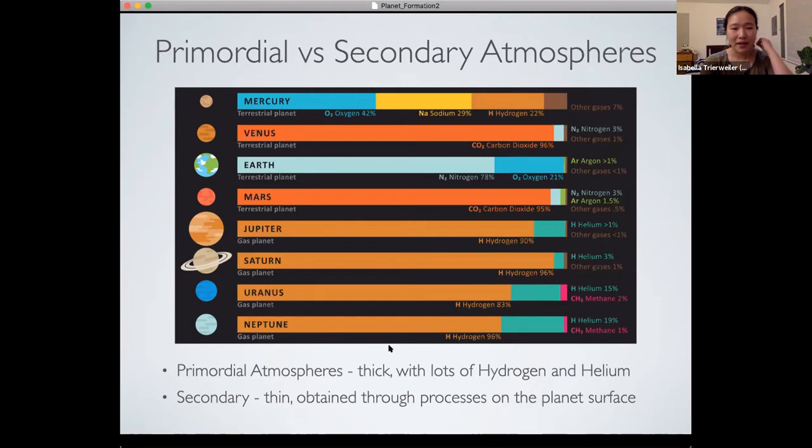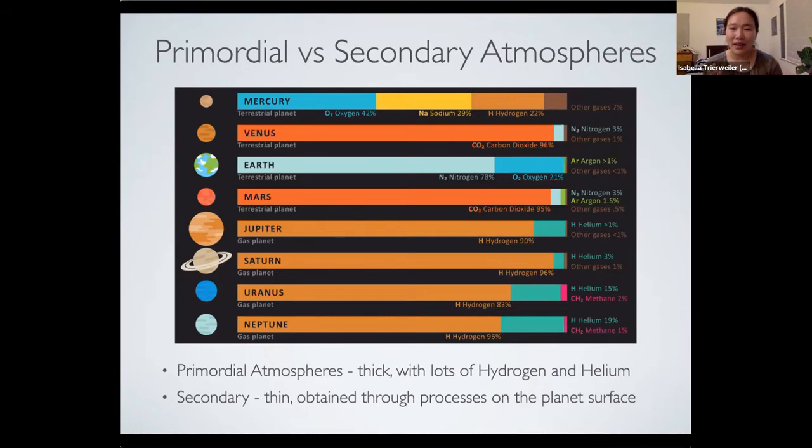So our bottom four have these primordial atmospheres, but our top four look quite different. Earth's got a lot of nitrogen, Venus and Mars have all this carbon dioxide. And so what that tells us is that our inner four planets, maybe they had primordial atmospheres to begin with, but they were able to get rid of those atmospheres.